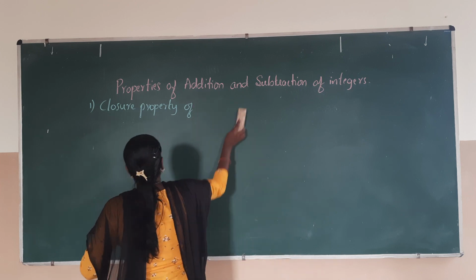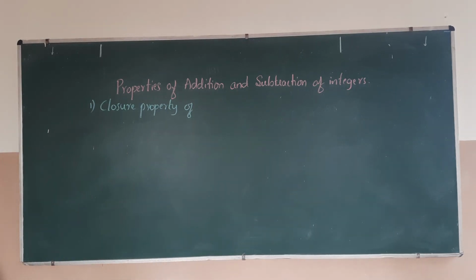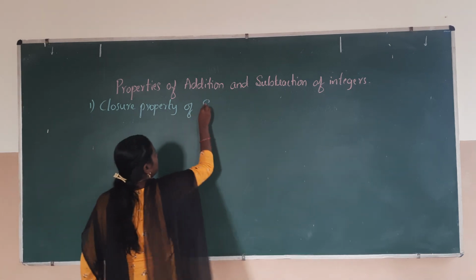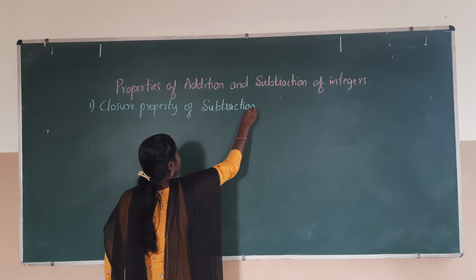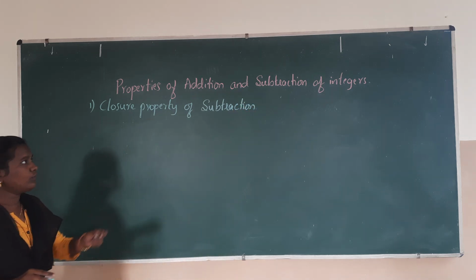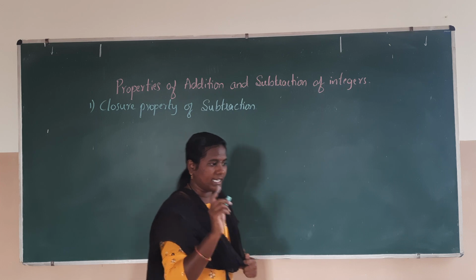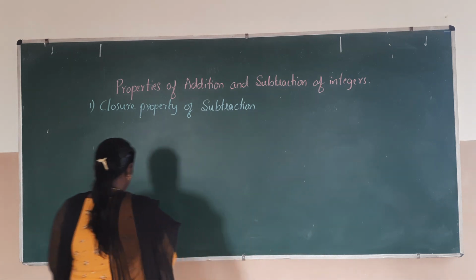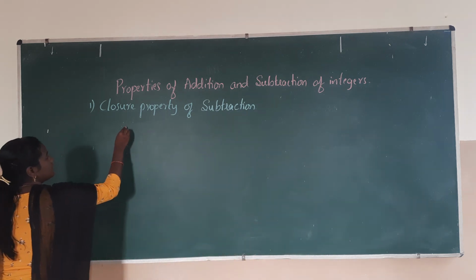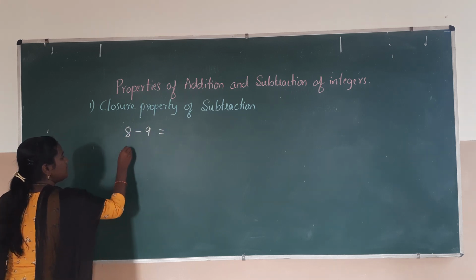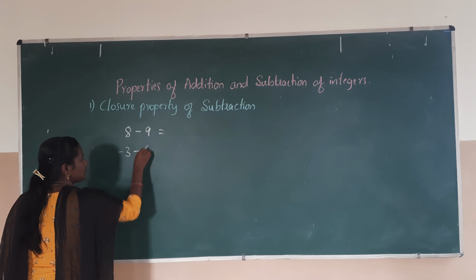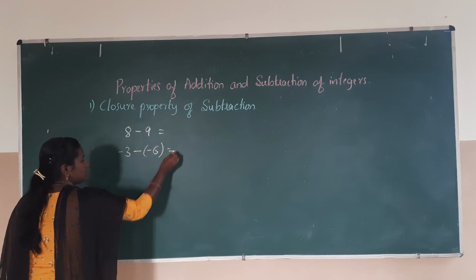So what does closure property of subtraction say? Let us see whether the difference of any two integers is again an integer or not. Okay? Yes. We'll take 8 minus 9. Minus 3 minus of minus 6.